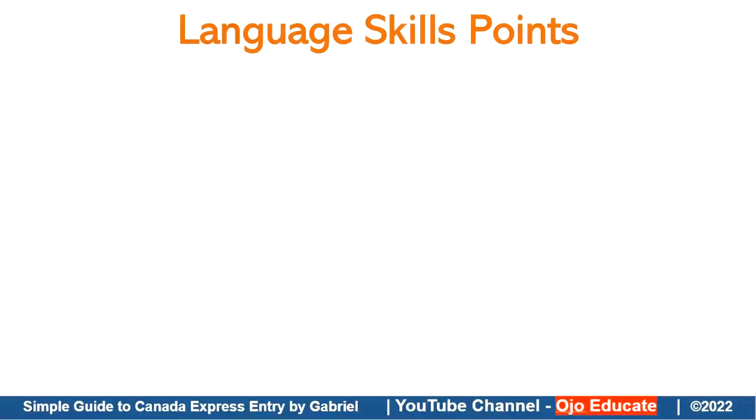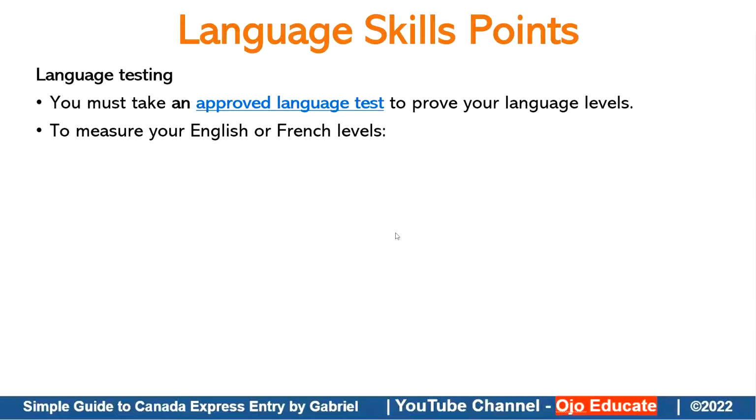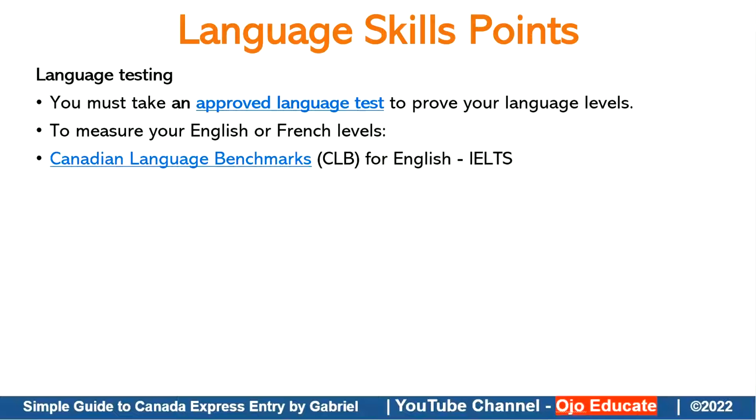Language skill points. So for language skill points, what is required? Language testing. You must take an approved language test to measure your English or your French level. There are two: either you take the English test or you take the French test, depending on your primary and secondary language.